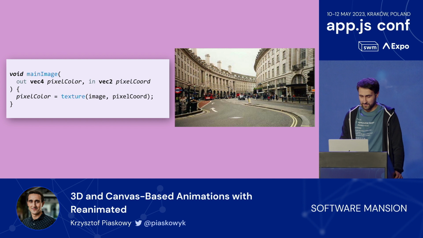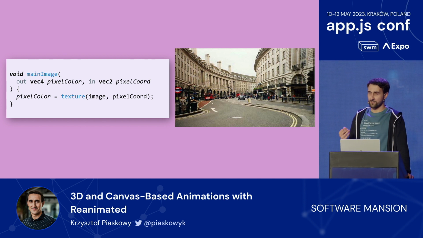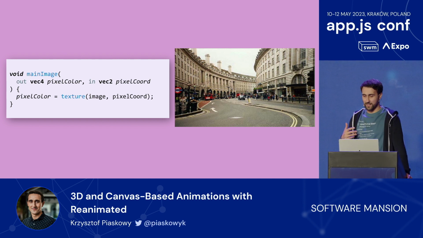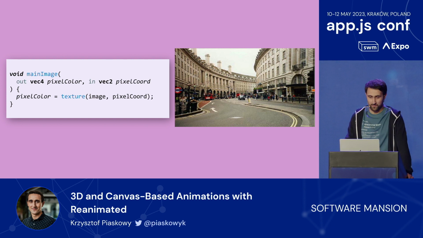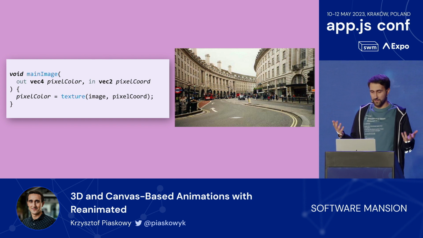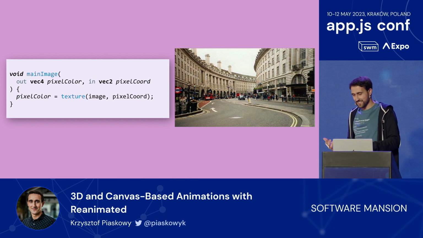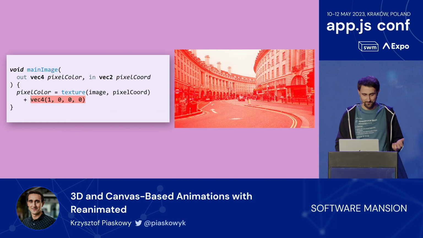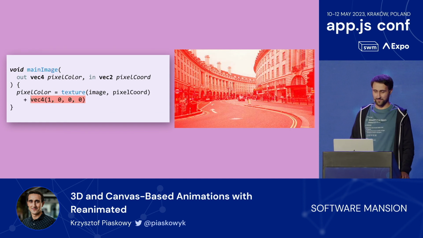So let's take a look at the same scenario I explained before, but this time with the actual shader source code. Here, we assign the original color of each pixel in the photo. In effect, we end up with a photo that is exactly the same as the original photo. Let's modify it a bit.